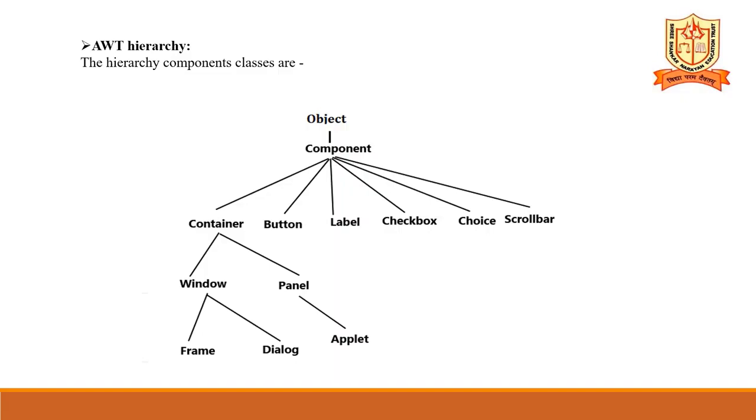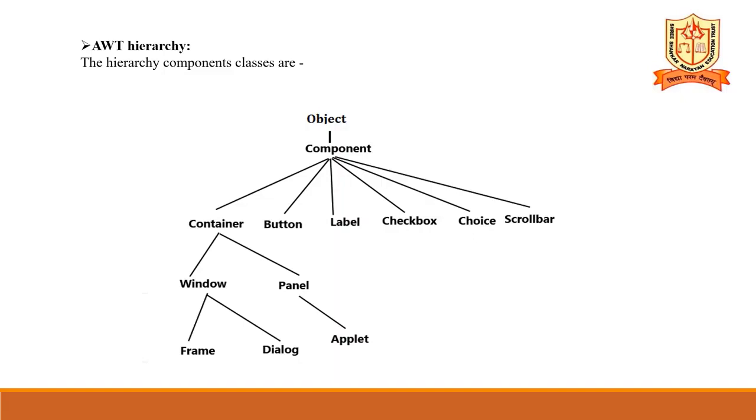Next is the component class derived from the object class. Each and everything in case of AWT is known as a component class. So far we are using components like label, button, checkbox, choice, scroll bars, all are components.